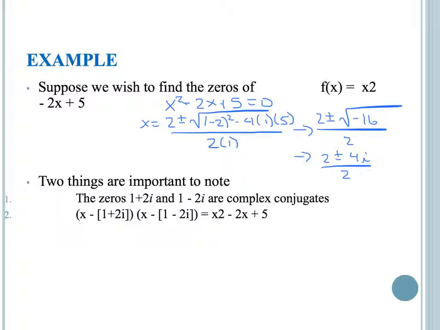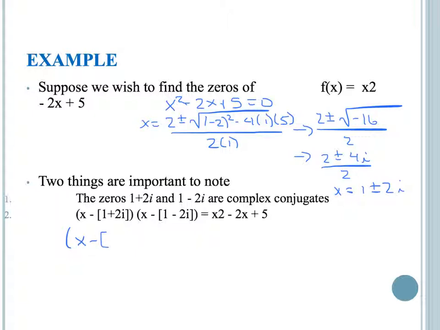And so it turns out if I divide 2 into both of the values in the numerator, I have x equals 1 plus or minus 2i. Those are the imaginary zeros that I have for my quadratic. If I wanted to write this out as linear factors, I would say that I have x minus each of my factors.